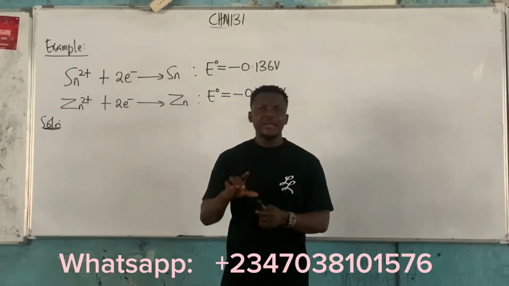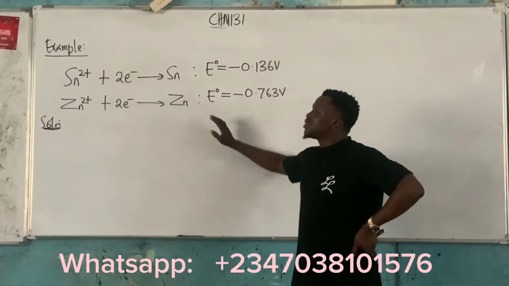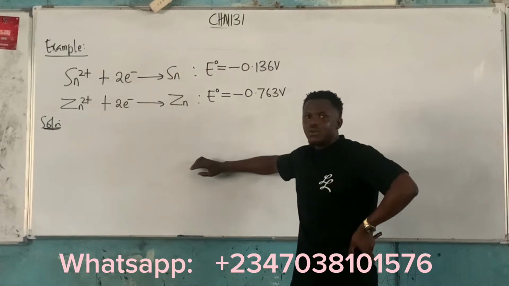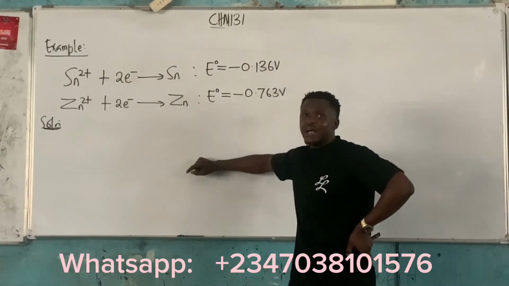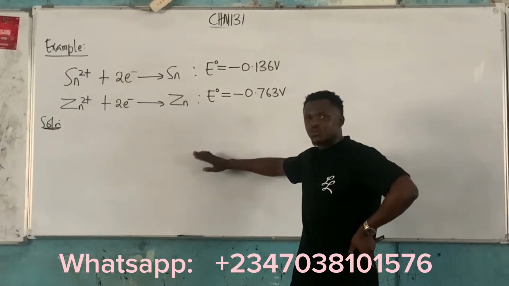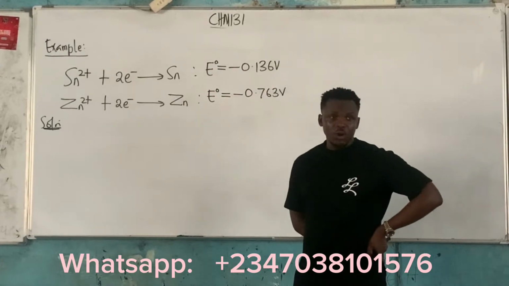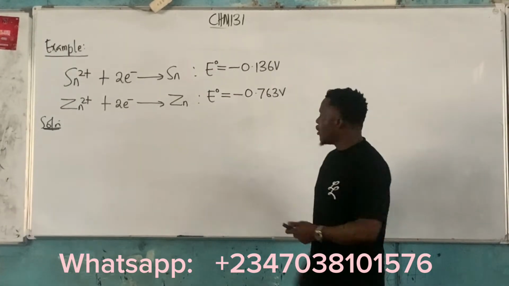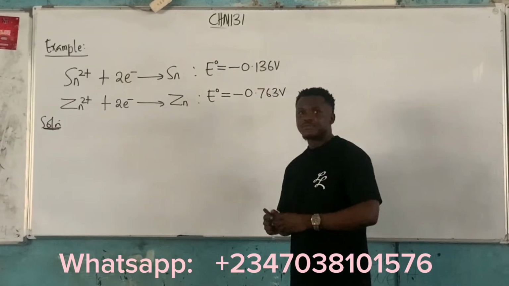Anytime two half cells and their potentials are given to us, the one that has a larger reduction potential value remains the cathode, which is reduction, while the other one with a smaller value becomes the anode.